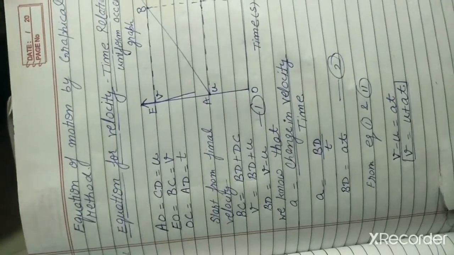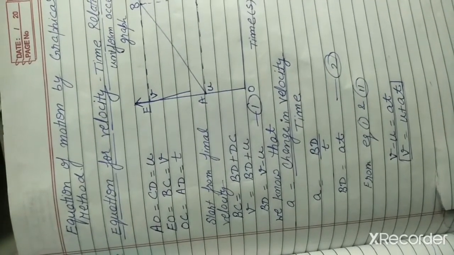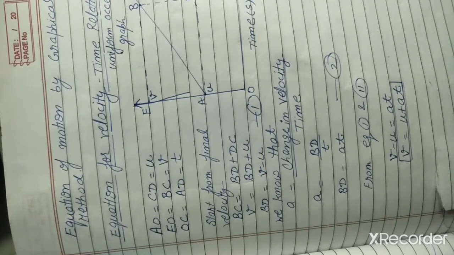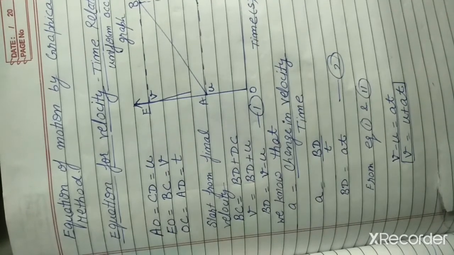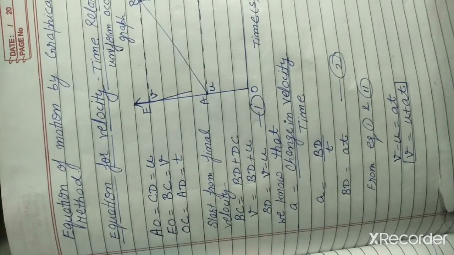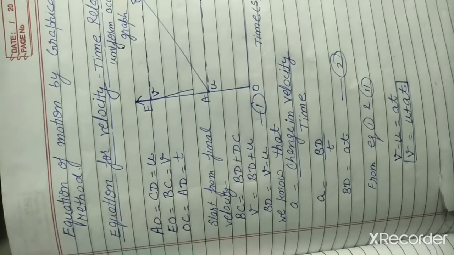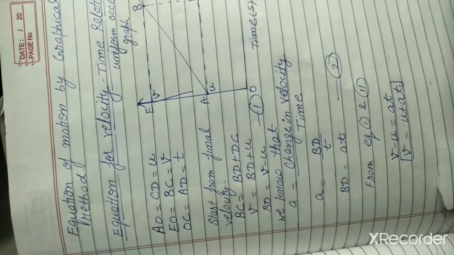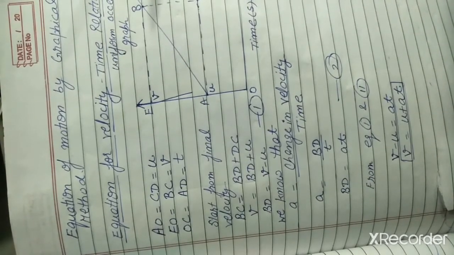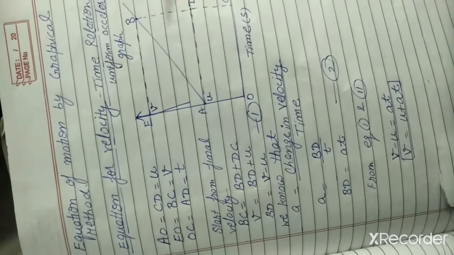There are generally three equations of motion. First is v equals u plus at, another is v square minus u square equals 2as, and third is s equals ut plus half at square. First we derive the first equation, that is v equals u plus at.